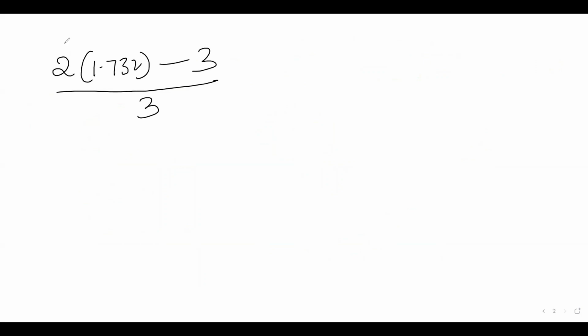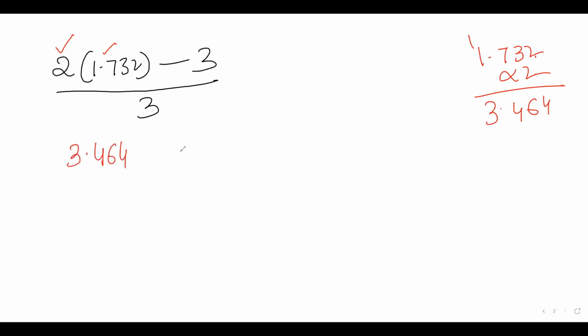I would like to multiply these two in rough column. 1.732 into 2. 2 twos are 4. 2 threes are 6. 2 sevens are 14. 2 ones are 2 plus 1, 3. So on multiplying, I got 3.464 minus 3 by 3.